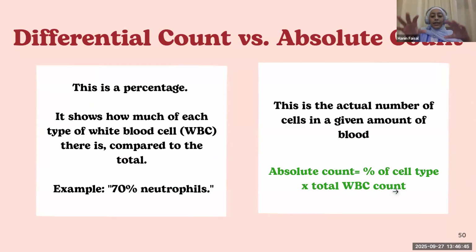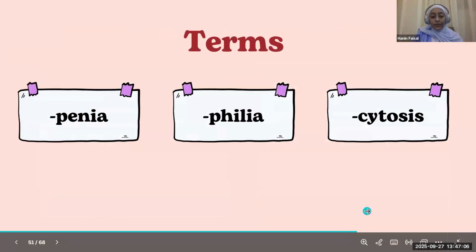In the exam, they might ask you for the absolute count, and they'll give you the total white blood cell count and the percentage of the cell. The only thing you have to do is multiply them together, and you get the absolute count. I don't think it's a high concept, but just know it to be safe.